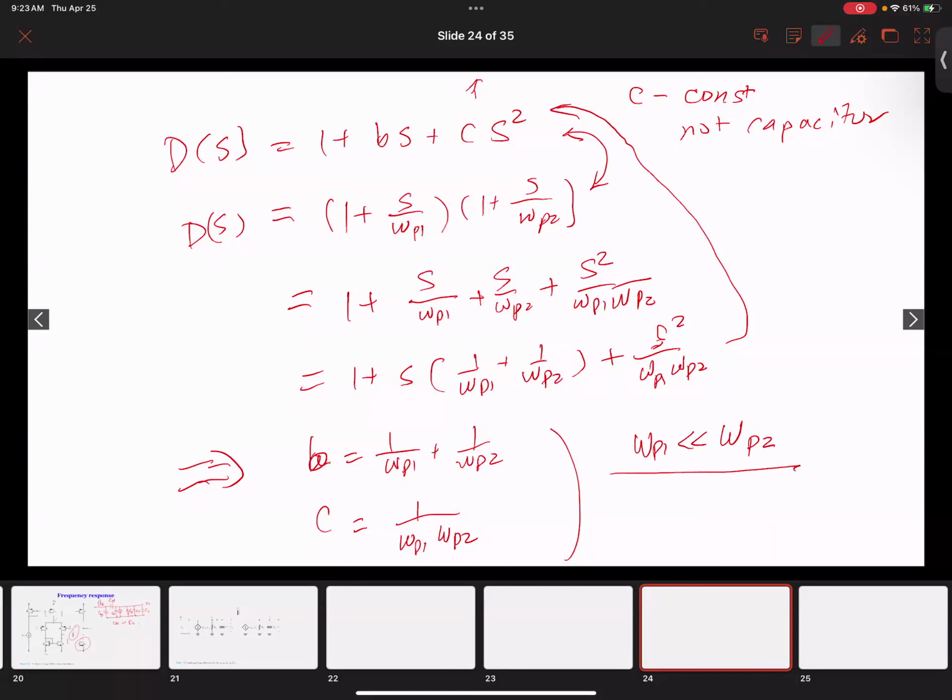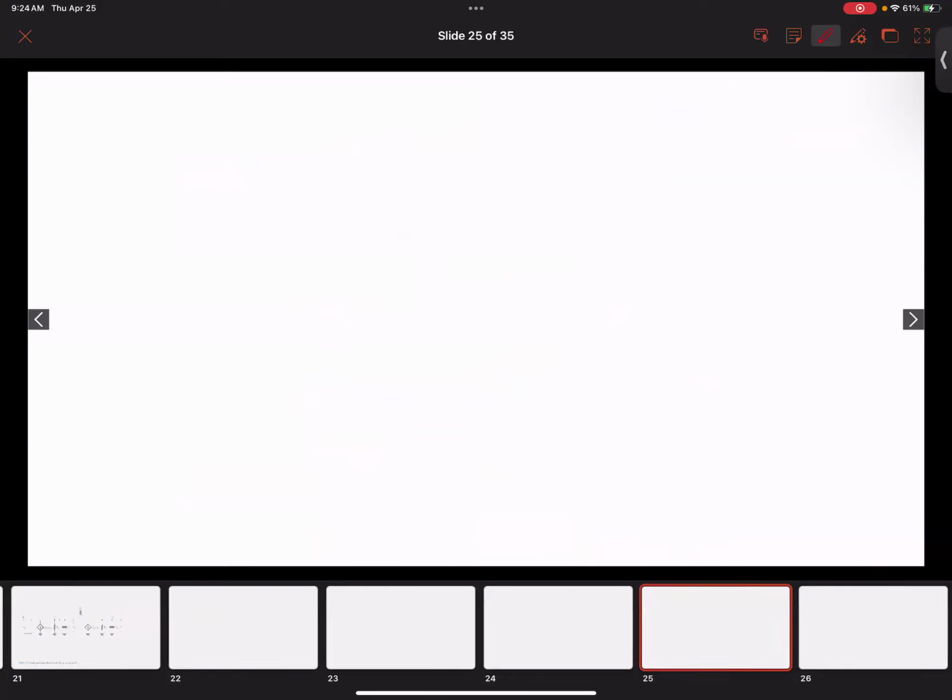So if this happens, what it means is that 1 over WP1 is much larger than 1 over WP2. So now you look at what happens here. If 1 over WP1 is much larger than 1 over WP2, what you really get is B is simply equal to 1 over WP1. So that's our conclusion: WP1 is simply equal to 1 over B.